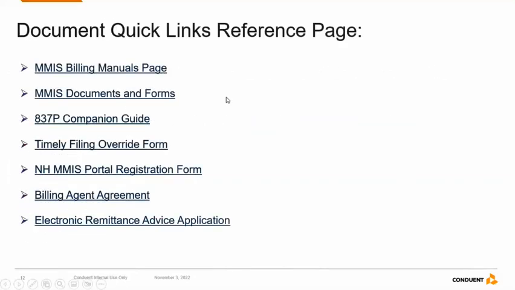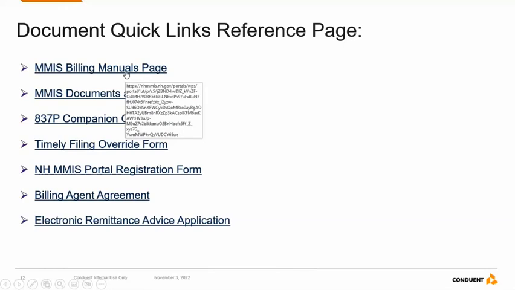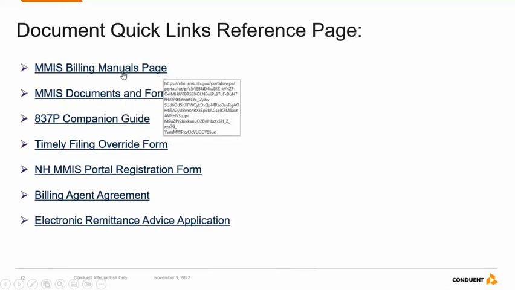I don't know if you remember me talking about all the documents that we were going to provide for you, but here's the quick links reference page. This will link you right to the billing manuals page. I wouldn't worry about looking at this just yet, but it is good to have later on down the road.